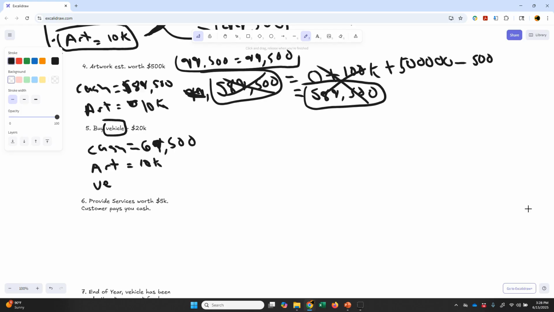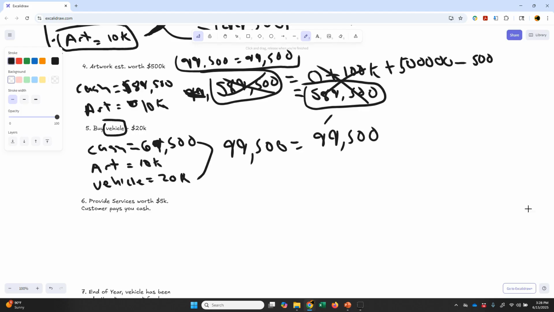And now we have vehicle, 20,000. And so again, you sum this up and it's still the same, 99,500. Nothing has happened on the right-hand side. We still have basically the 100K in contributed capital minus zero revenue minus $500 of expense and then no dividends. Okay, so this is just another example of trading one asset for another.